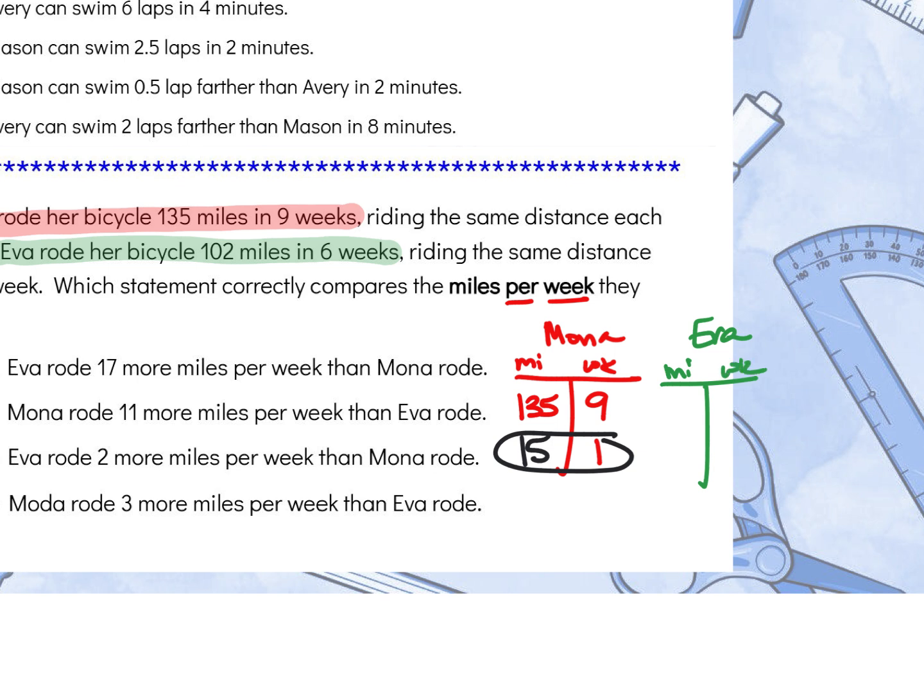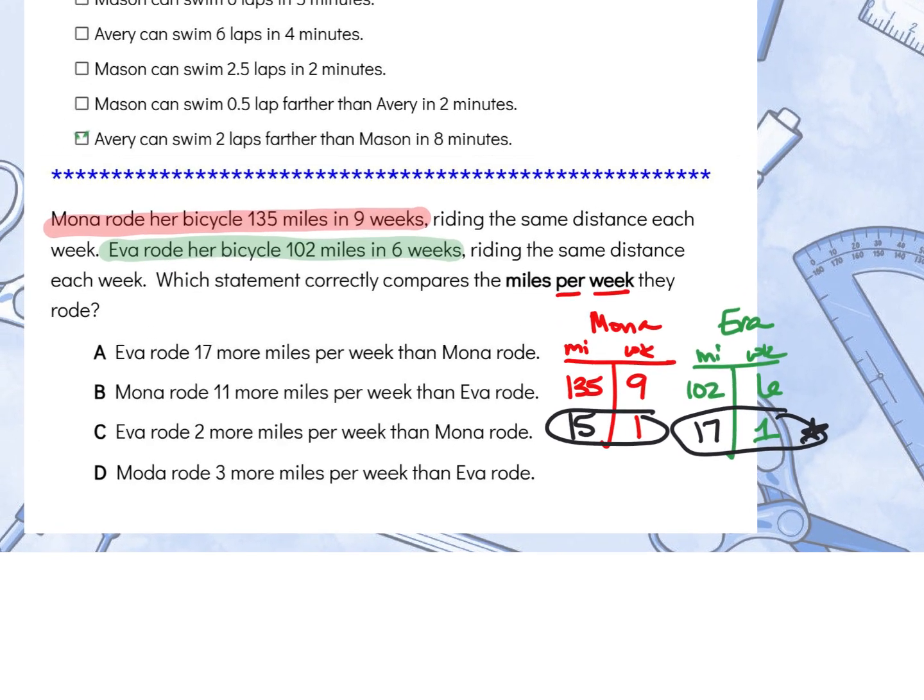She did 102 miles in 6 weeks. So how many for 1? So we take our calculator, 102 divided by 6, and we get 17. Okay? So who did more miles per week? Eva did, yeah, because she has 17 compared to Mona's 15.